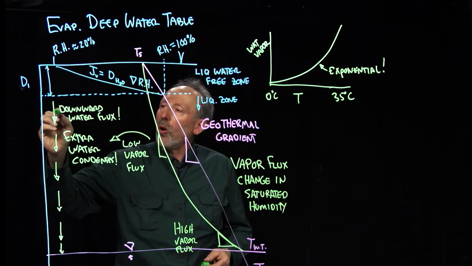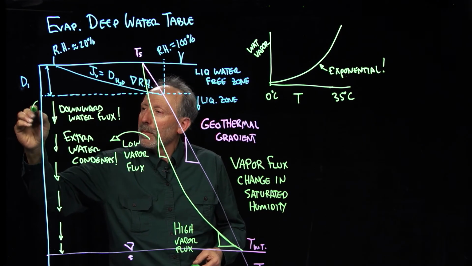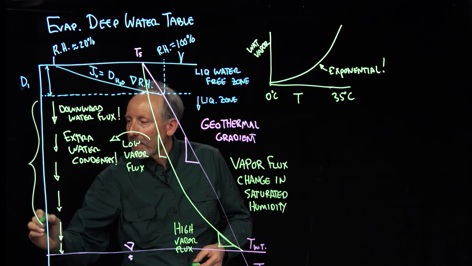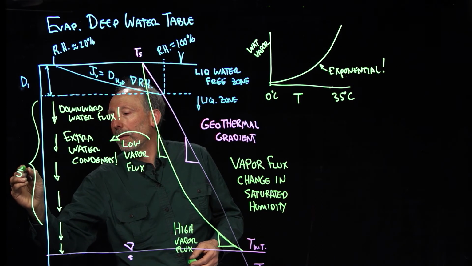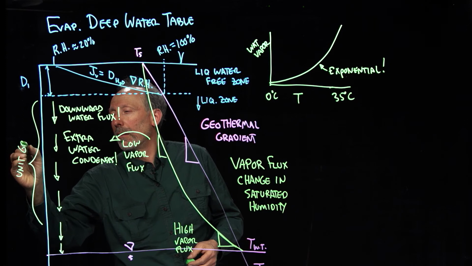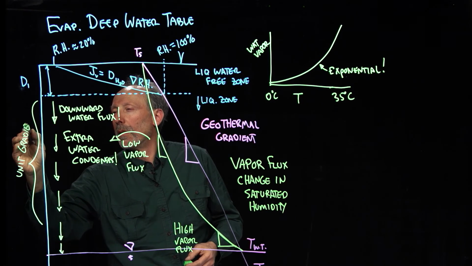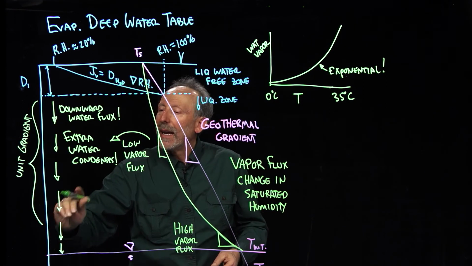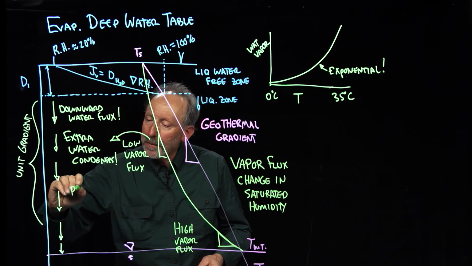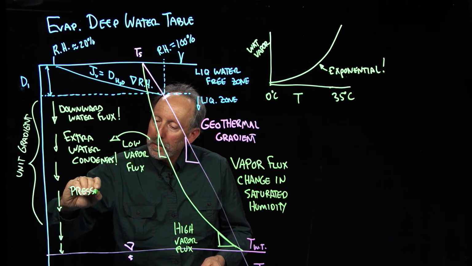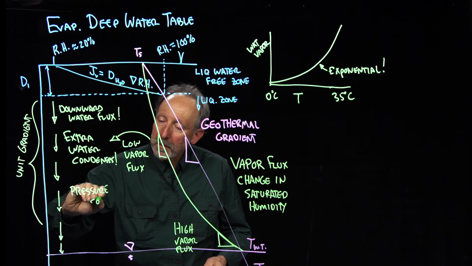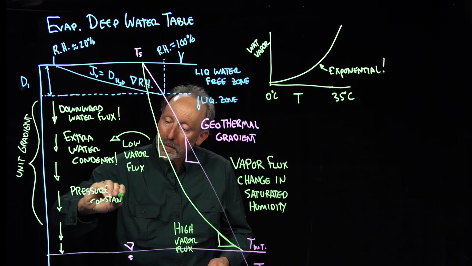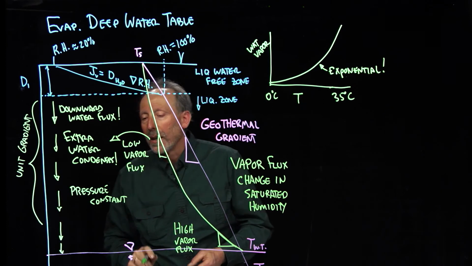So in this whole region, we have a unit gradient. And what we learned in the unit gradient flow is that means the pressure is constant. Remarkable.